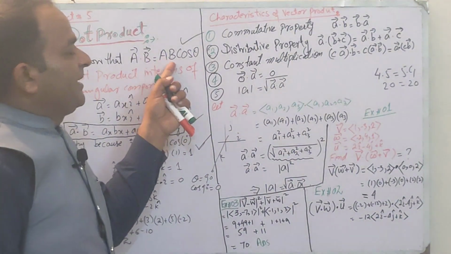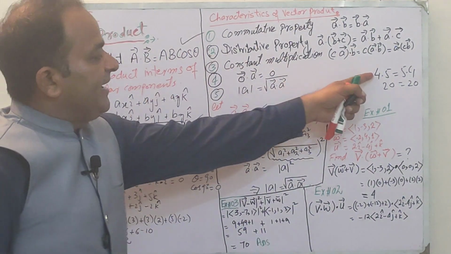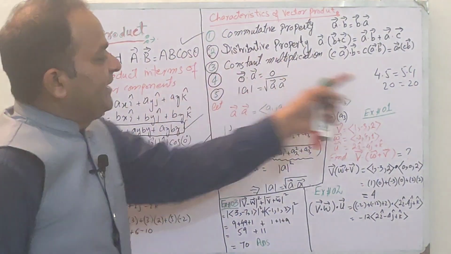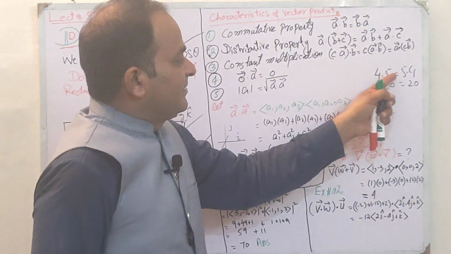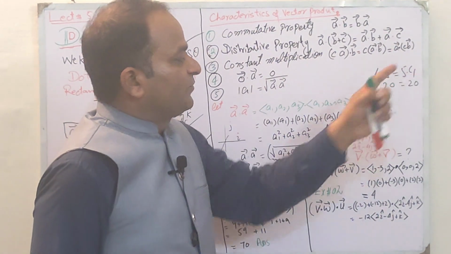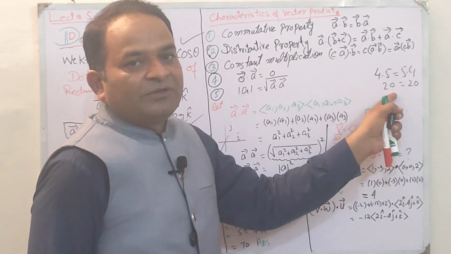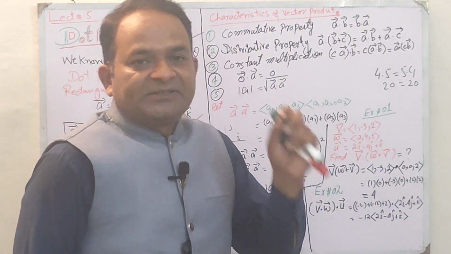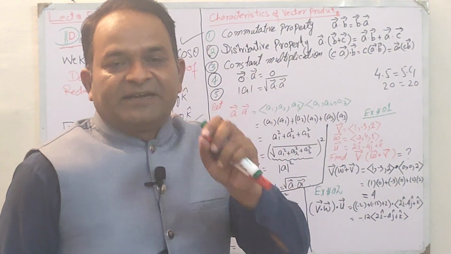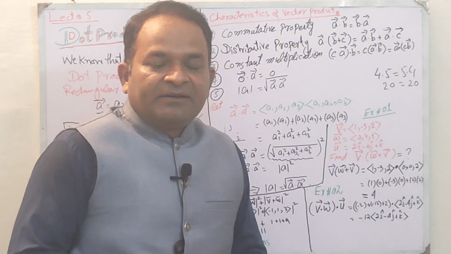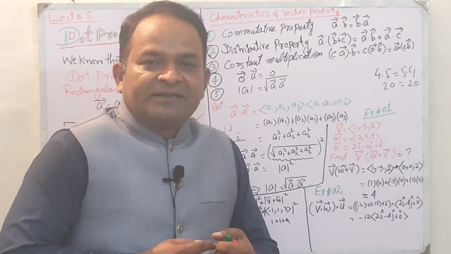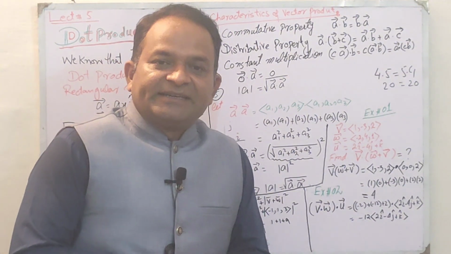I am taking A equal to 4 and B equal to 5. Then I replace: the first value is 5 and the second value is 4. You will get the same value. So A vector dot B vector must be equal to B vector dot A vector. So in the dot product, the commutative property exists.